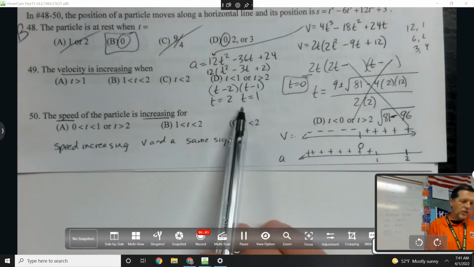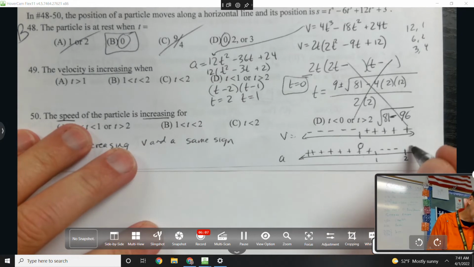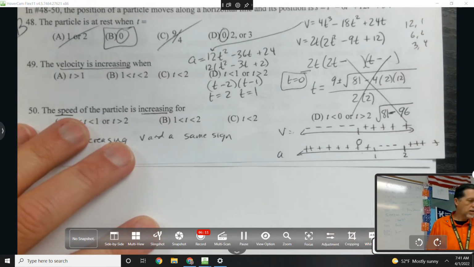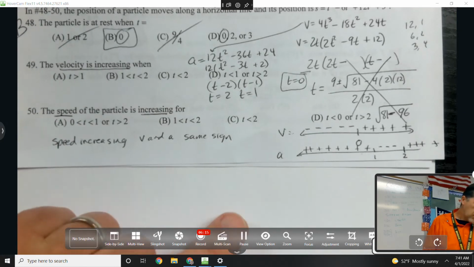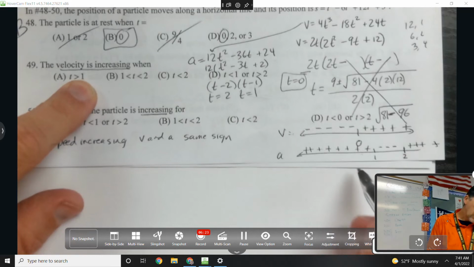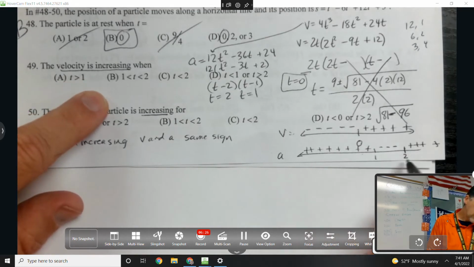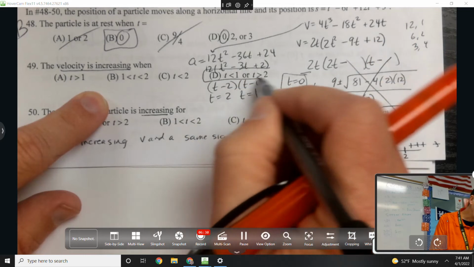I know I'm going to be changing signs at each 0. So minus, minus, minus, and then we get past 2, plus, plus, plus again. So velocity is increasing when acceleration is positive. That would be, there it is, less than 1 or greater than 2.